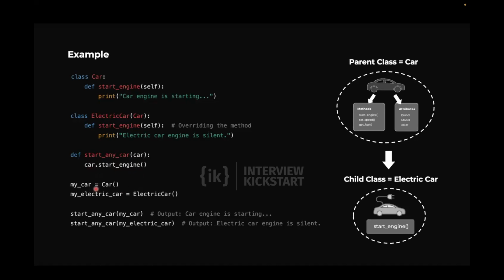In the main body of our code, we are creating an object from the car class, and we are creating another object from the electric car class. Then we call this function on each of those two objects, and for each of them, we get the corresponding message in the display. So this is called polymorphism.